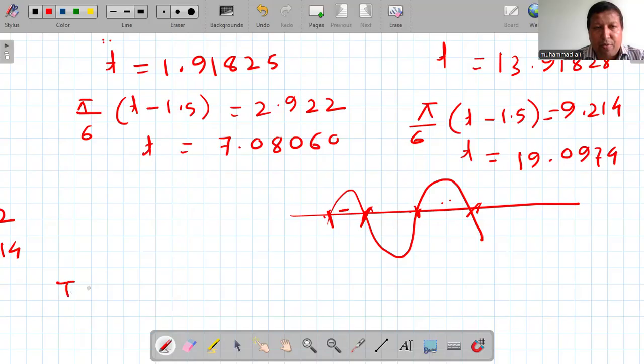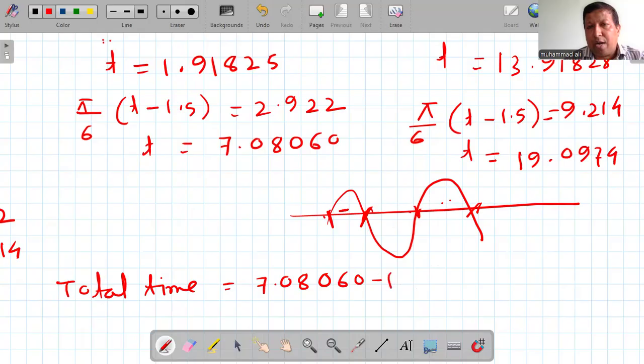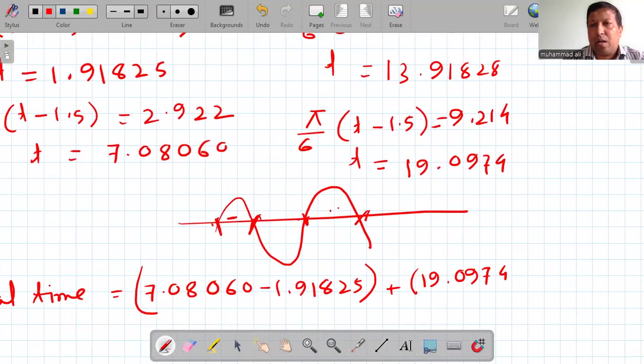So total time, we can write, total time equals 7.08060 minus 1.91825 plus 19.0974 minus 13.91828.